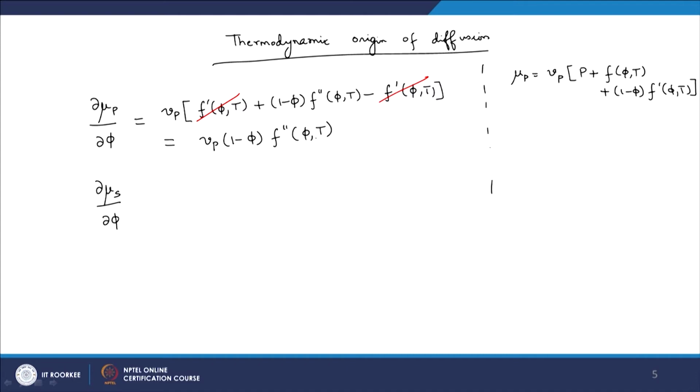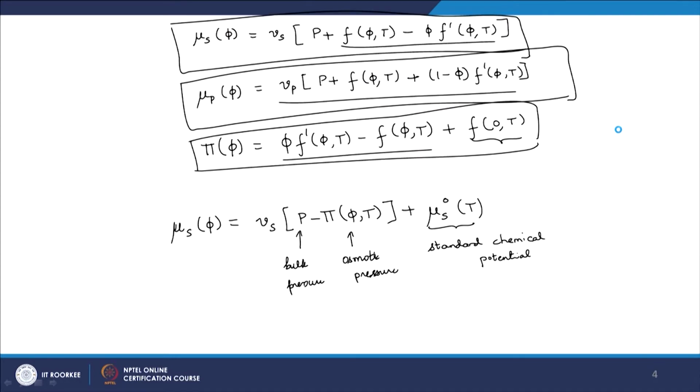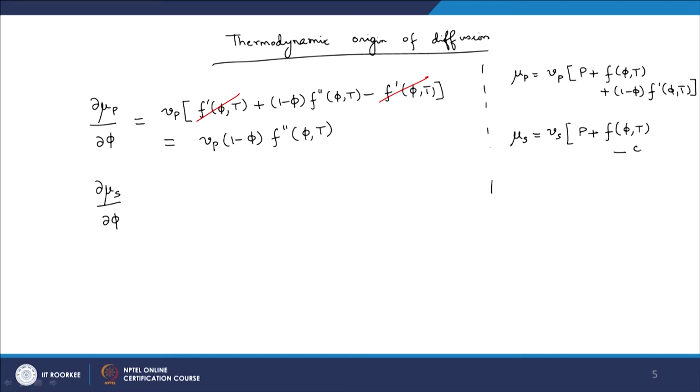If I do the same thing for the chemical potential of the solute, then mu s was equal to V s multiplied by p plus f of phi t minus phi multiplied by f prime of phi t.